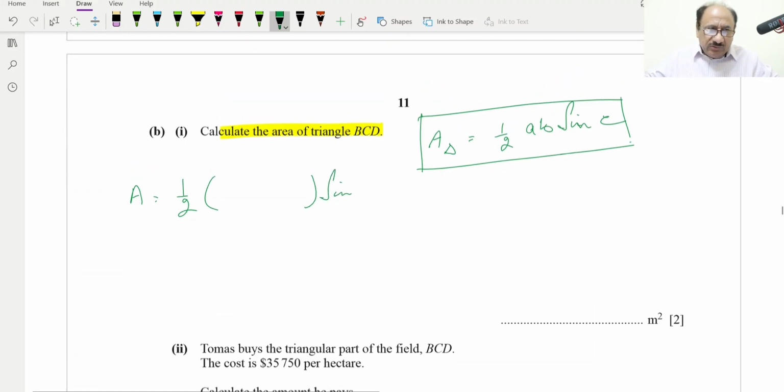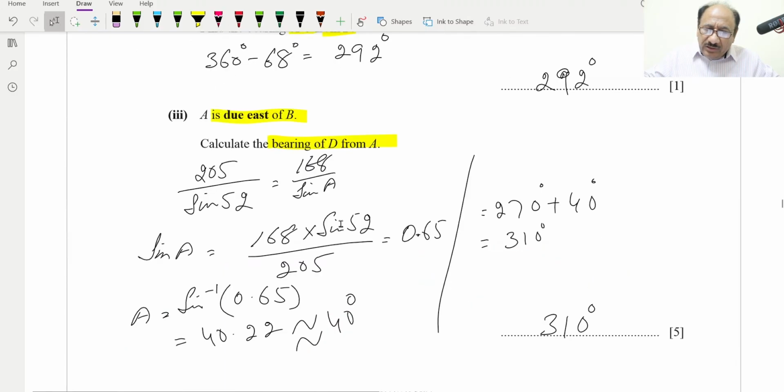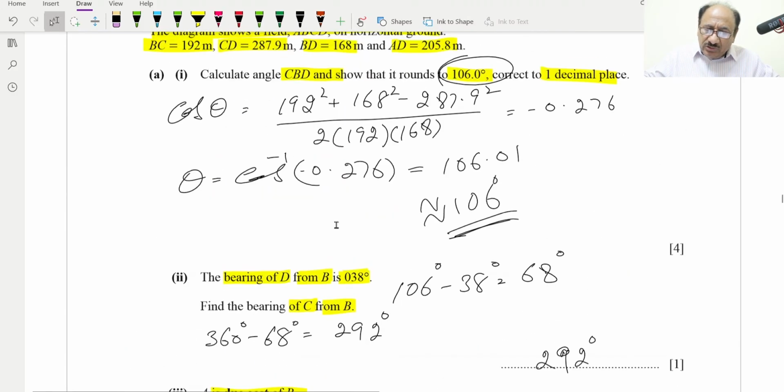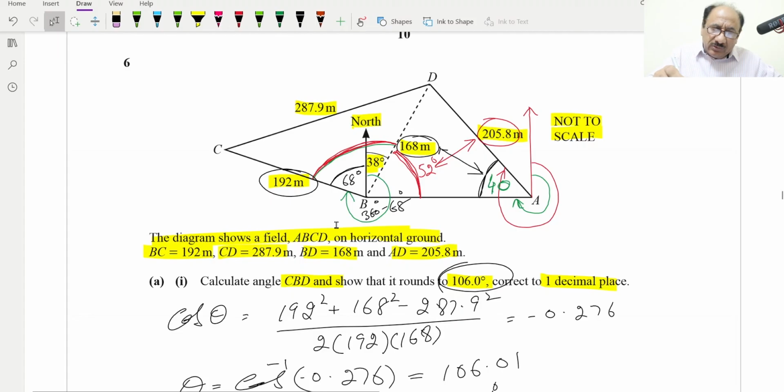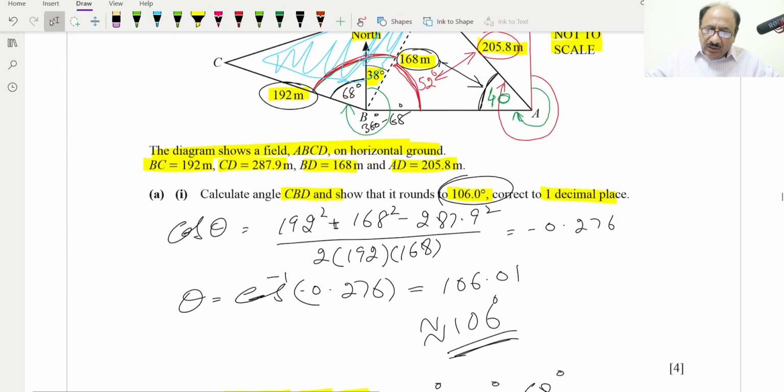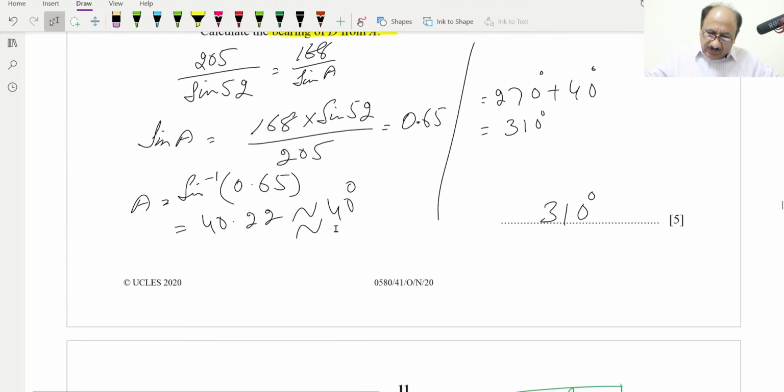Which two sides will we take? 192, which we have taken over here, and 168, because we need the area of triangle BCD.